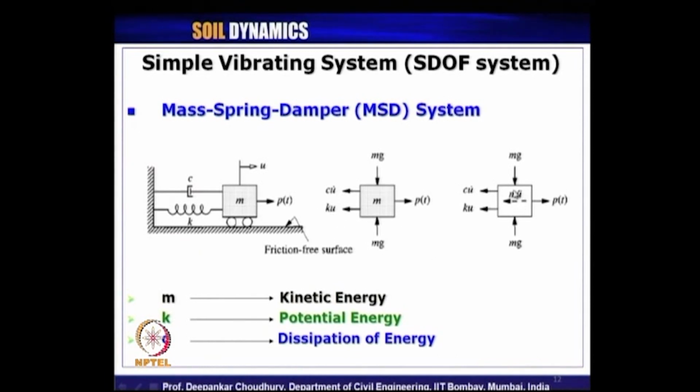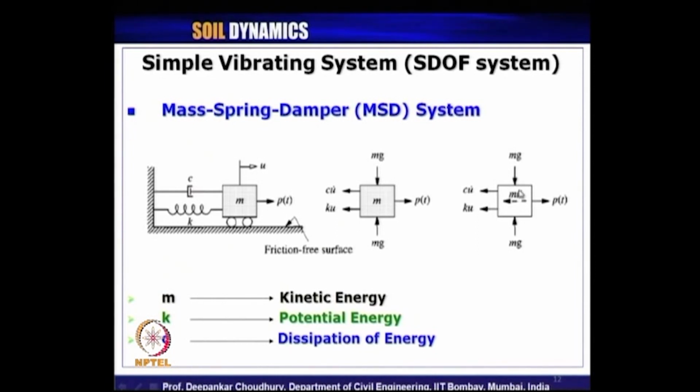Within the mass, as it is prompted to act under the dynamic load in this direction, there will be a self resistance developed within the mass itself, which is called the inertia force. The inertia force will be nothing but mass times acceleration.